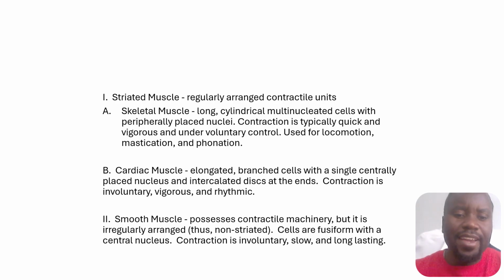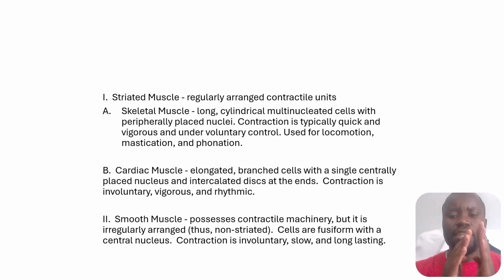Then we look at the non-striated muscle type. Among the non-striated muscle types, we have a type called smooth muscle. Smooth because they are associated with internal organs, and in terms of features, yes, they have contractile machinery or units, but these are not regularly arranged in repeating units.